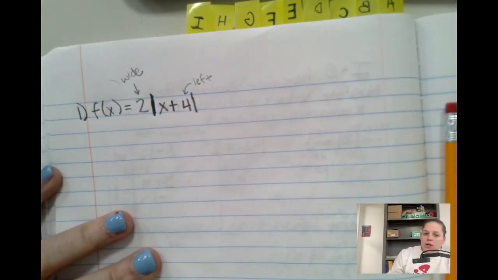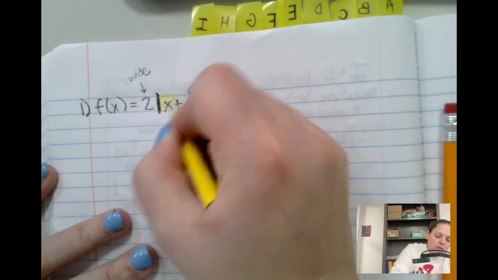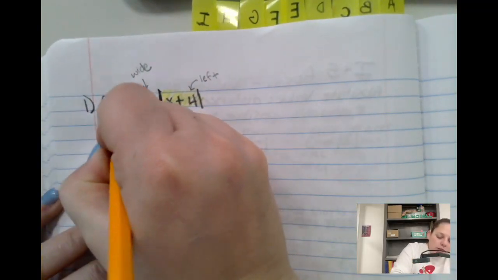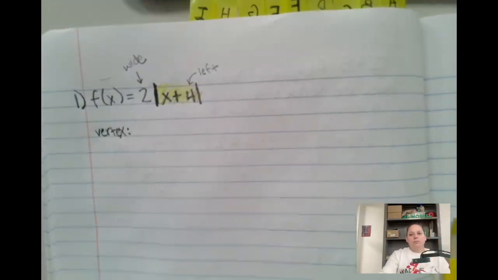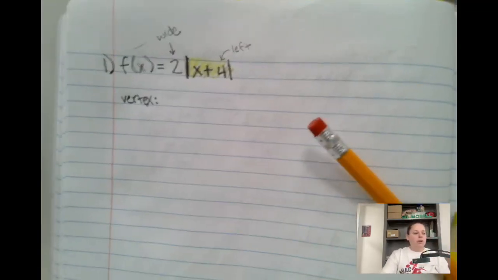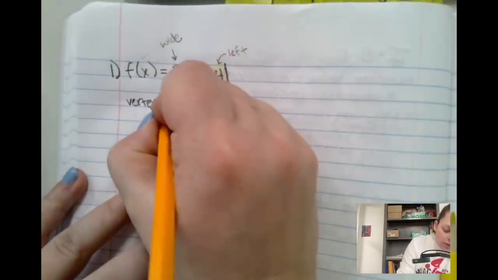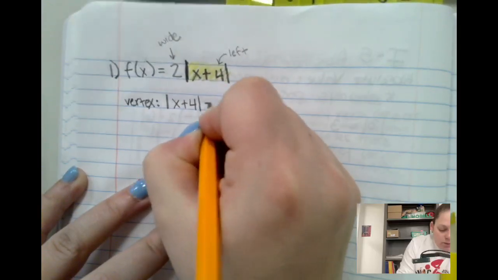Okay, so first thing we're actually going to do here, remember, is to find the vertex, we always look at this absolute value. So our first step is to find the vertex, just like it was when we did our quadratics. Okay, so our vertex here is when the absolute value of x plus 4 equals 0.